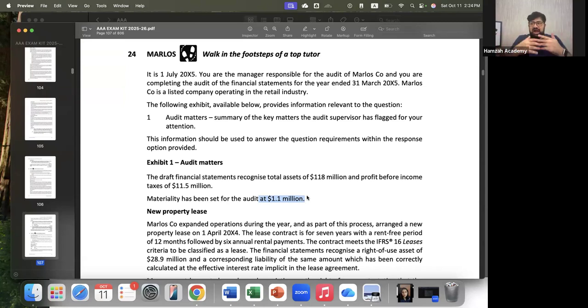Okay, I will show you now. So let us proceed further. Next. Where this materiality has been given by the examiner in the question as the materiality amount set, we cannot calculate materiality and discuss it in another way, saying it is 2% of revenue so it is material, or 7% of profit.